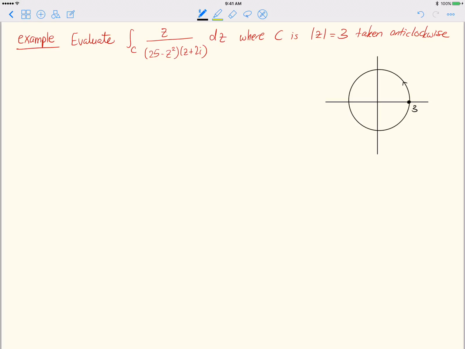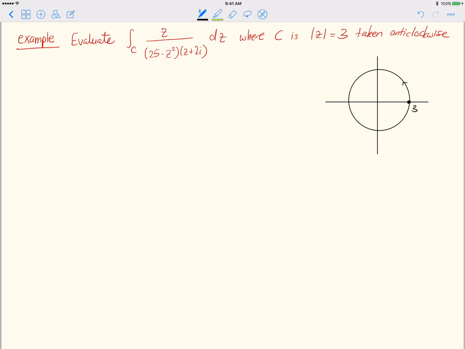If you think about it, where is that function not going to be analytic? It's going to be analytic everywhere except for when the denominator equals 0, because you can't divide by 0. And when does the denominator equal 0?